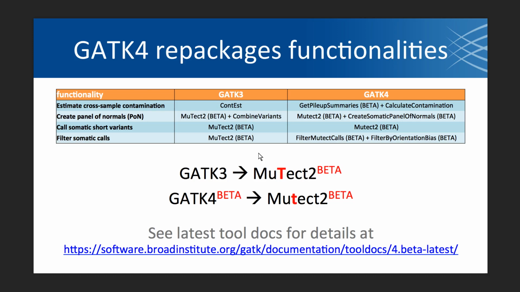One thing that is different is that before, filtering was built into the MuTect2 caller, but now we have separated out filtering into a separate tool called FilterMutectCalls. And we have a new filtering functionality for sequencing context. This tool is called FilterByOrientationBias. Eventually we have plans to merge this into FilterMutectCalls, but right now we're testing it, so it's a separate tool.